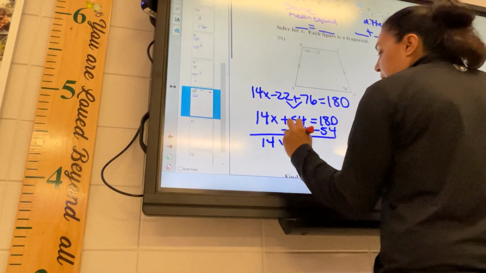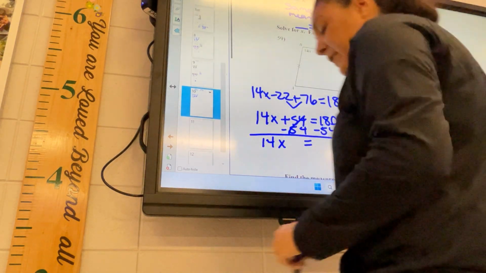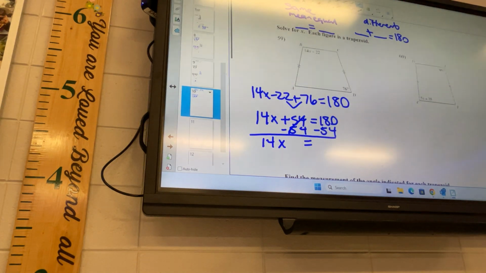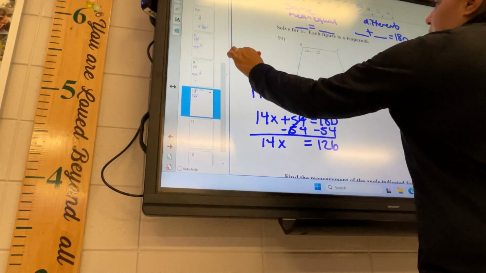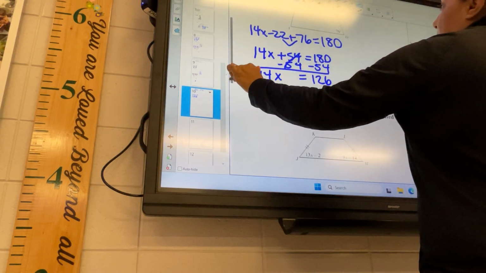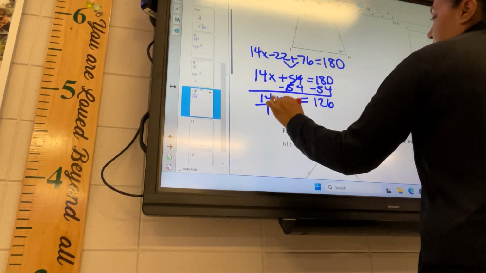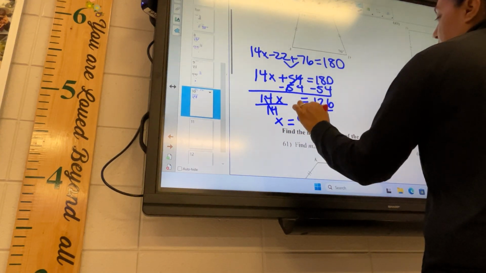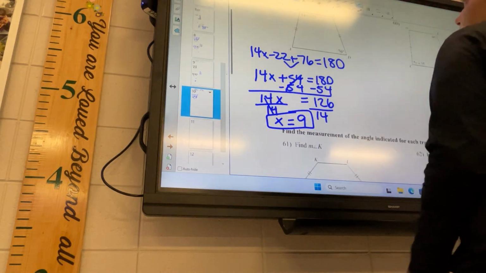Okay, so we get 14x. What is 180 minus 54? 126. Okay. Then what? Divide by 14. It equals 9? Somebody agree? Yeah. Okay.